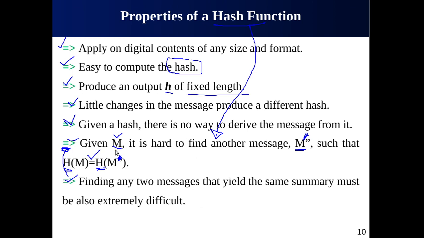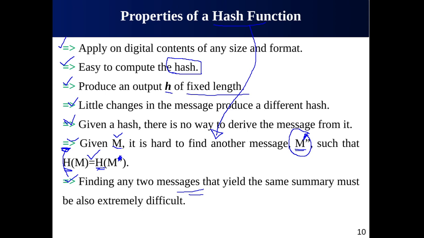In the previous property, we were talking about a single M. Here in the last property, we are talking about two messages. It is hard to find M1 and M2 such that the hash values of both messages will be the same. In simple words, finding any two messages that will yield the same summary or hash value will be extremely difficult, if not impossible.